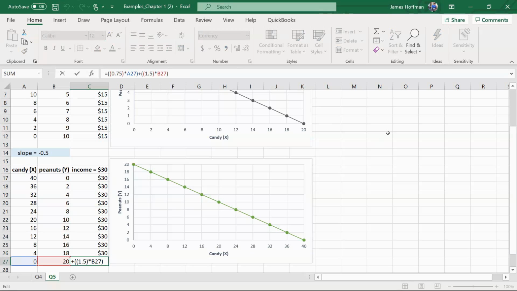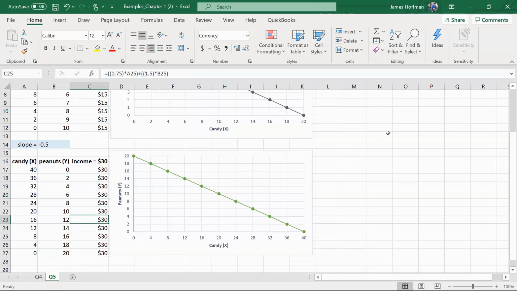If you bought all peanuts now, you can buy 20 bags of peanuts and no candy, and then these combinations in between represent all the combinations of candy bars and peanuts you could buy with now the $30 budget, and then the new budget line is here in this graph, the green graph here.